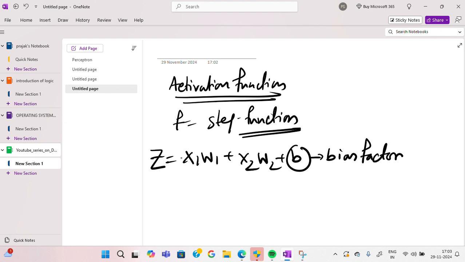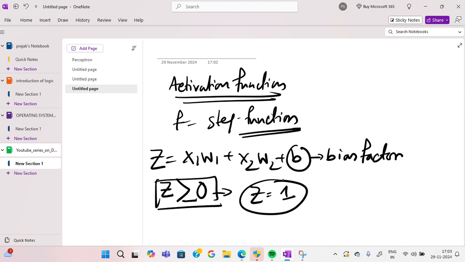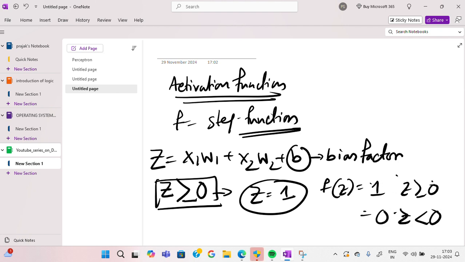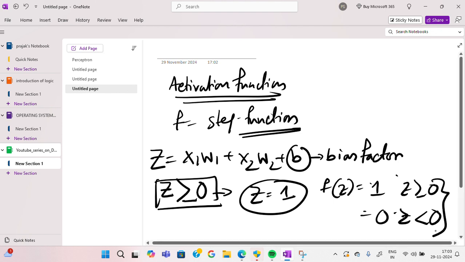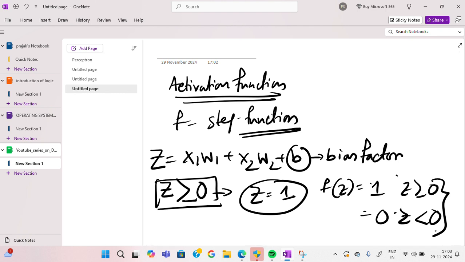If z is greater than or equal to 0, then I will set it to 1. So the function is 1 for z greater than or equal to 0, and 0 for z less than 0. This is a step function I can assign for a particular scenario.